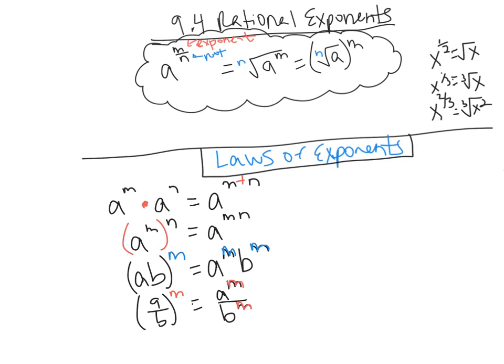Okay, a few others. What about negative? So what about here? We have two bases and we have two exponents and we're multiplying. So what about if we are dividing? So what if we have a raised to some number over, again, that same base raised to a different number?